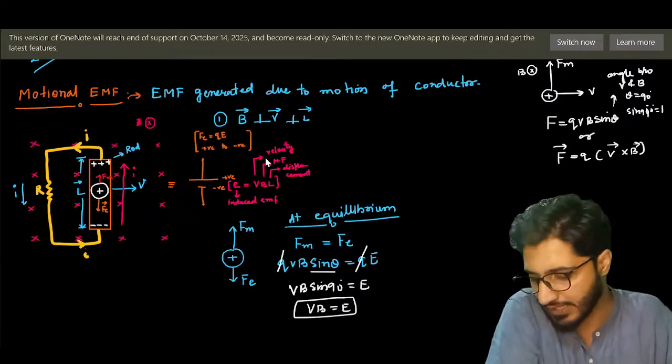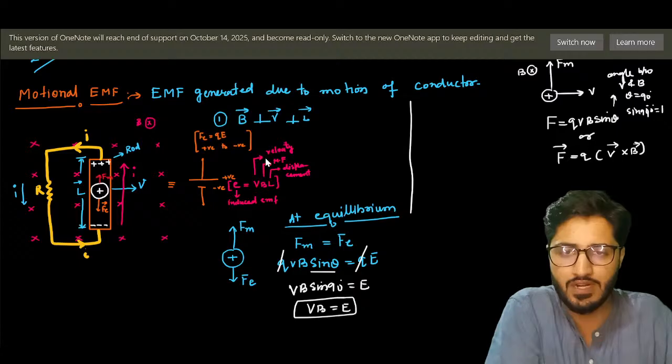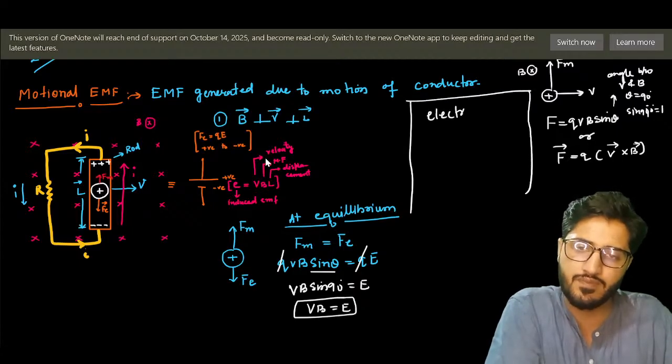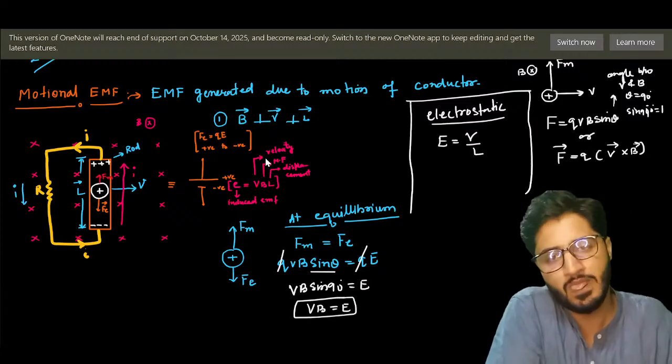From electrostatics, we have one relation: E equals V by L, where E is the electric field and V is the potential.